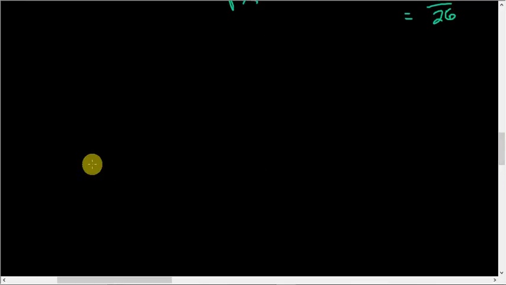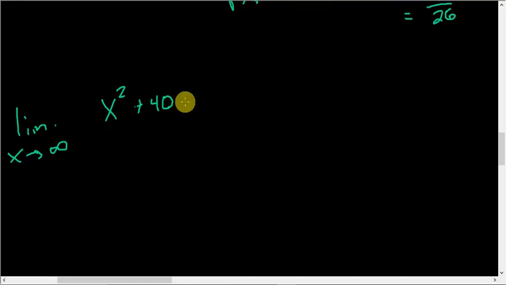Alright, so if you get a limit that goes to, and they do a lot of infinities and zeros, the limit as x goes to infinity of x squared plus 400x plus 1.